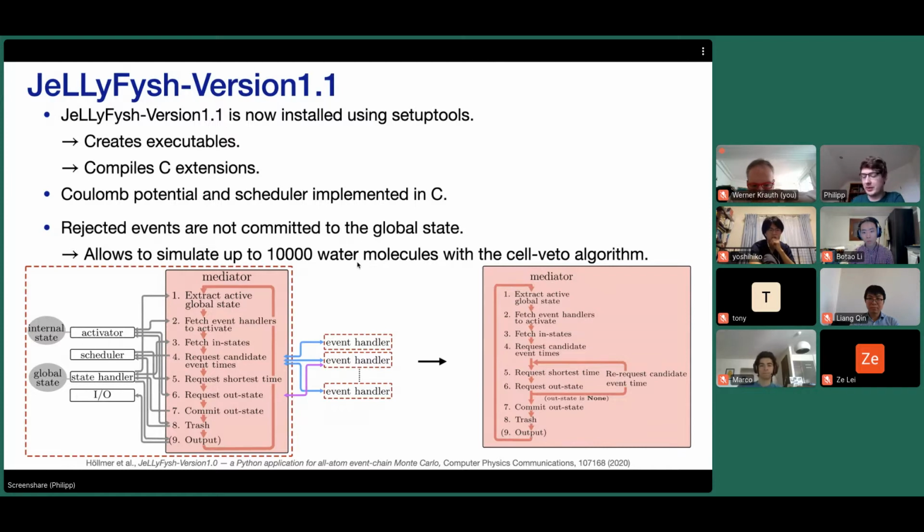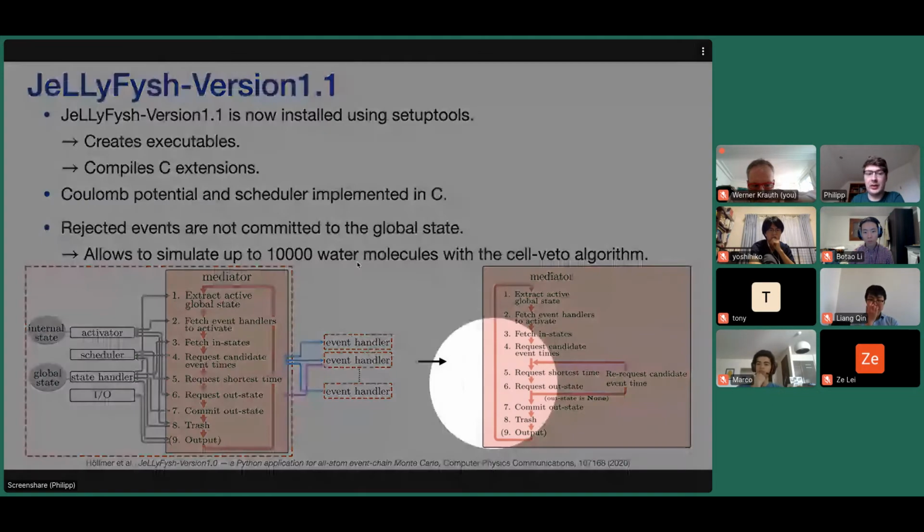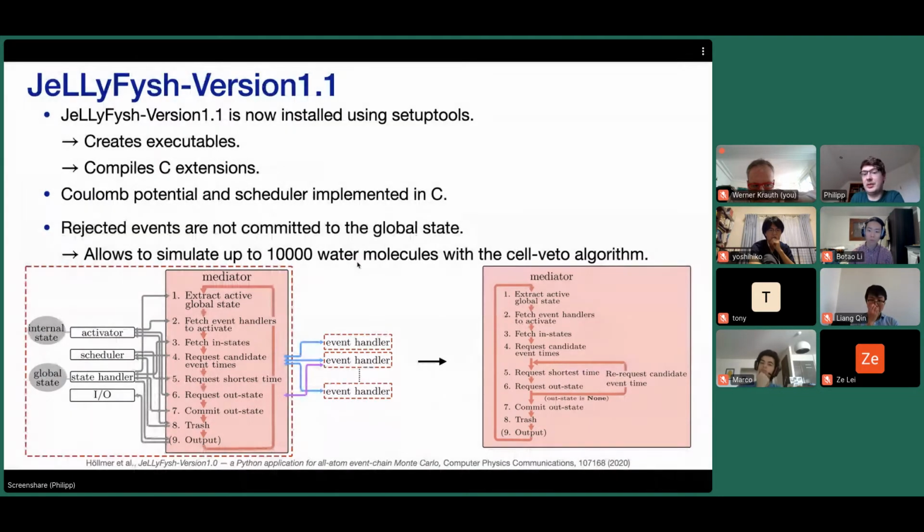But why does this actually help? Because after we have the rejected event, we do not trash everything and recompute everything, but we have this shortcut. And this is very essential in the cell-veto algorithm, by the way, because usually you have a lot of rejected events if you use the cell-veto algorithm.